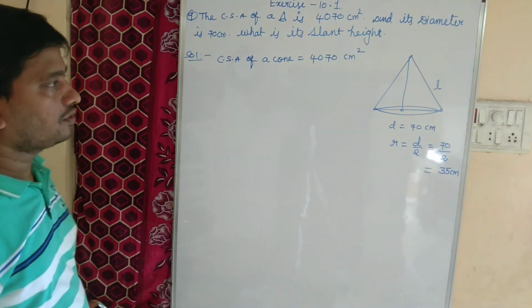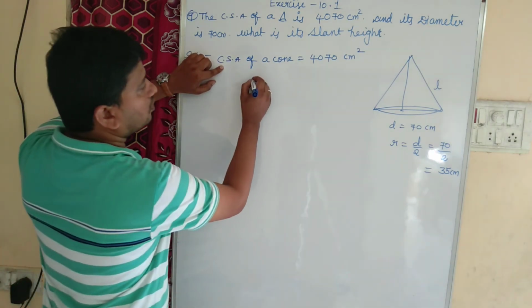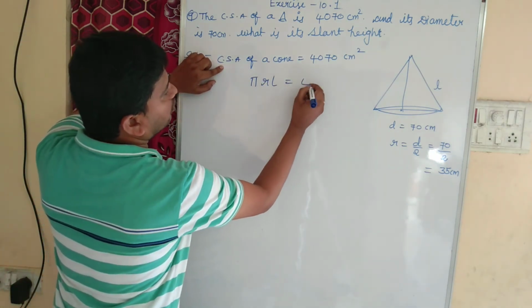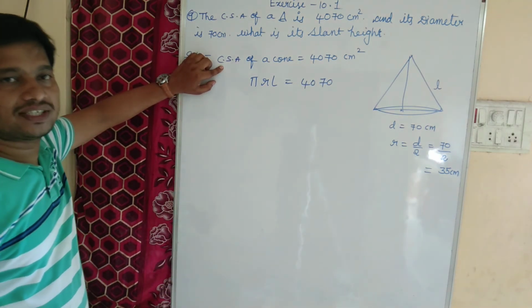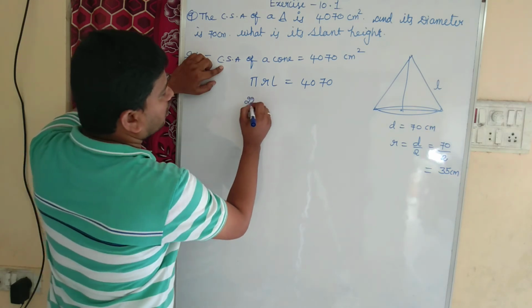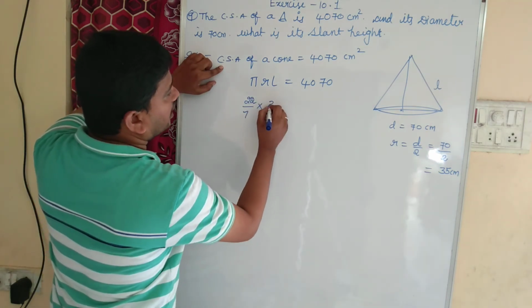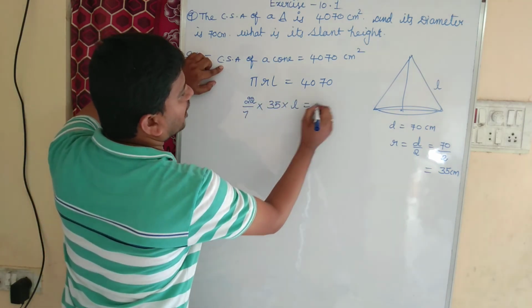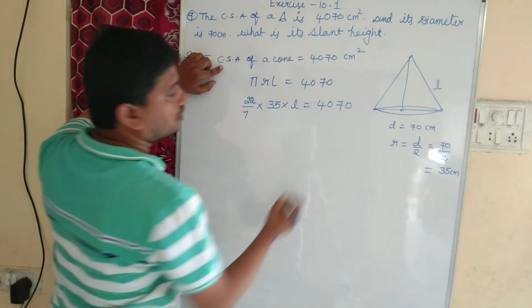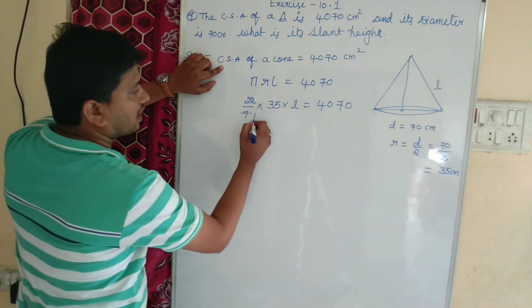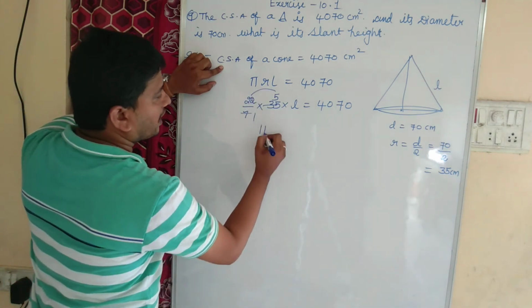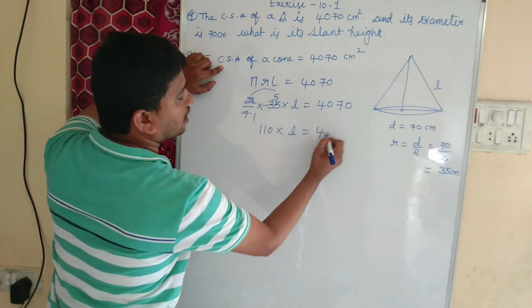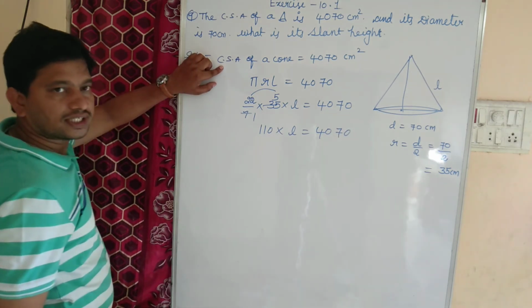L value we have to find. What is the CSA of a cone? As we know that CSA of a cone is pi RL, which is given 4070 square centimeter. So pi value 22/7 and the radius is 35 into L equals 4070. So 7 table, 7 1s are 7, 7 5s are 35. So 22 into 5 is 110 into L equals 4070.